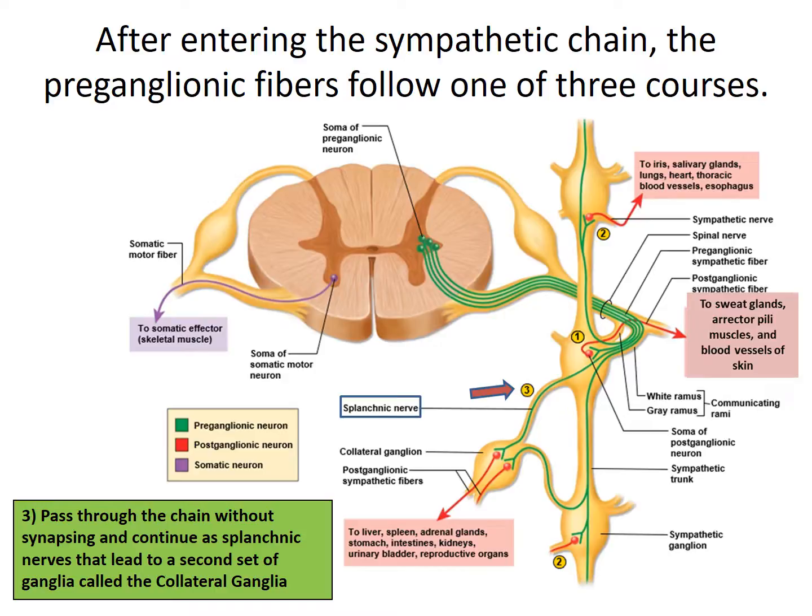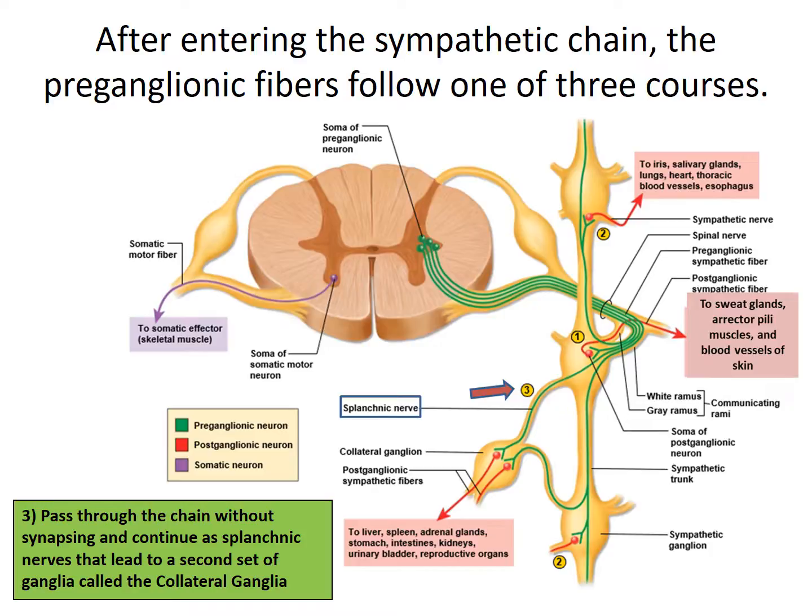The third route that these preganglionic fibers can follow is to pass through the chain without synapsing with a postganglionic fiber in the chain and continue as splanchnic nerves that lead to collateral ganglia and synapse to postganglionic fibers in the collateral ganglia.